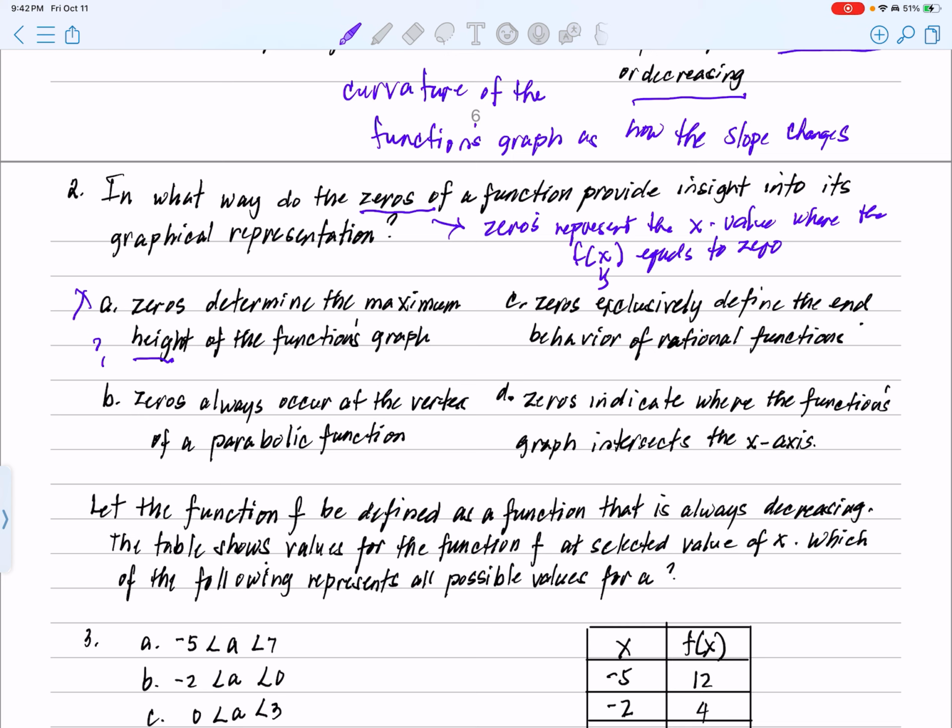Let's say if we have a parabola, it intersects at the y-axis, so it's not a zero, so that's not a thing. Zeros exclusively define the end behavior? That's a no. End behavior is when your graph goes like that, you are talking about the end behavior of the graph. Zeros indicate where the function's graph intersects the x-axis. Of course, that's your answer.